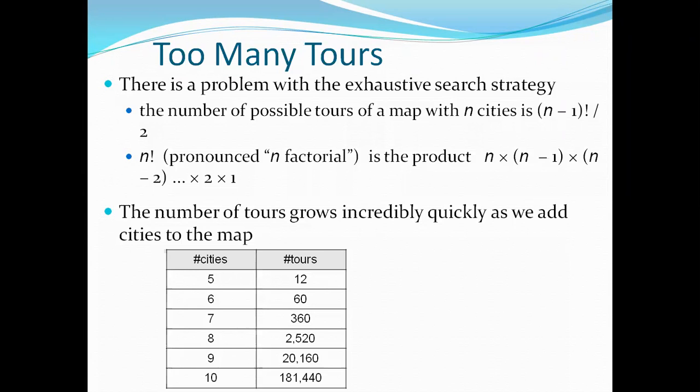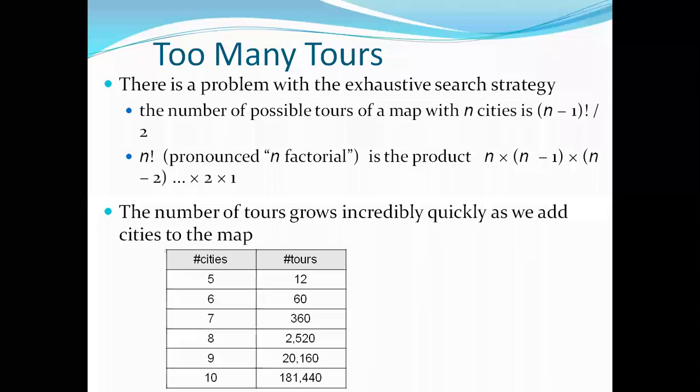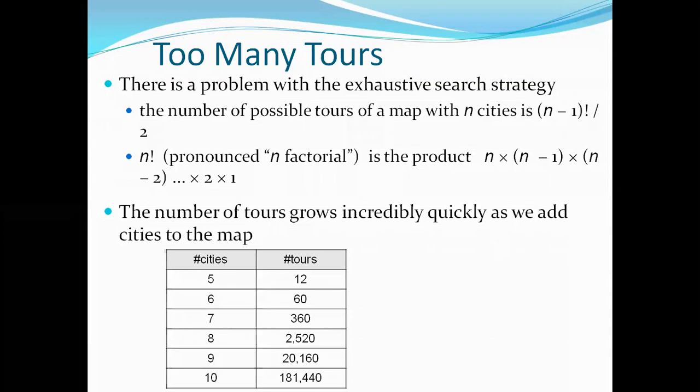Hence, if you consider n number of cities, the entire route maps are n into n minus 1 into n minus 2 into n minus 3 into n minus 4, and so on, into 4 into 3 into 2 into 1. So that plays a major important role here.